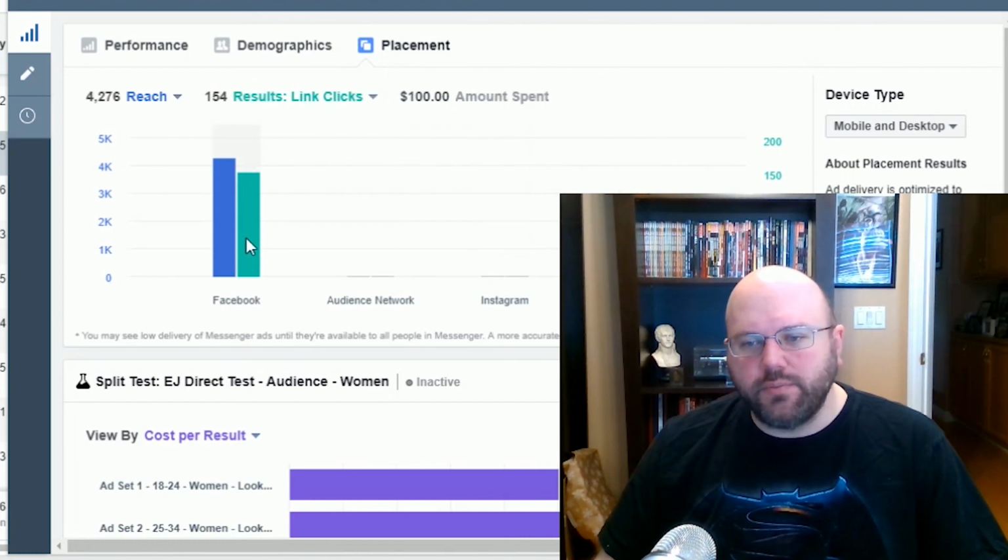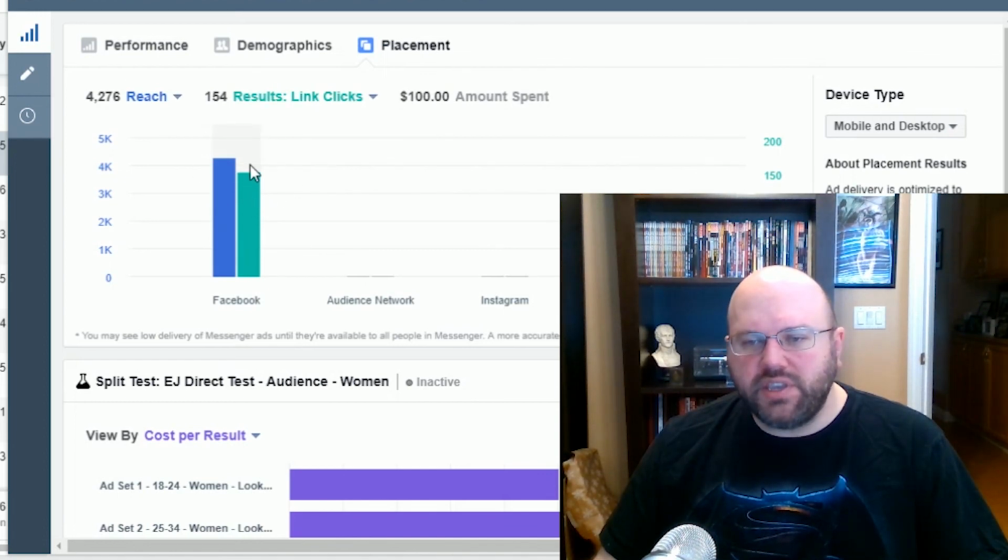Only focus on Facebook. And as you can see here, the blue bar is the amount of reach we got, and the green bar is the number of clicks we got. And the blue bar just barely scrapes out the ratio to the green bar, which means that this was a pretty good test, okay?